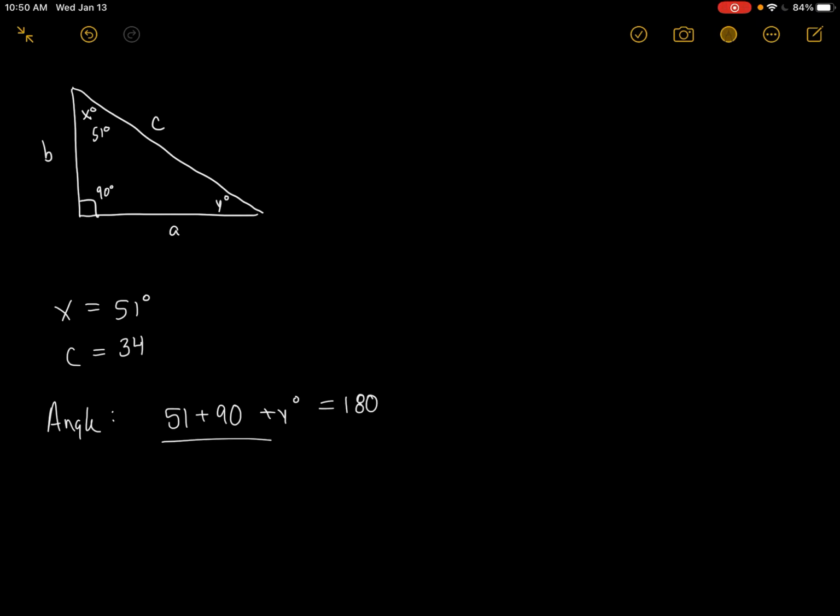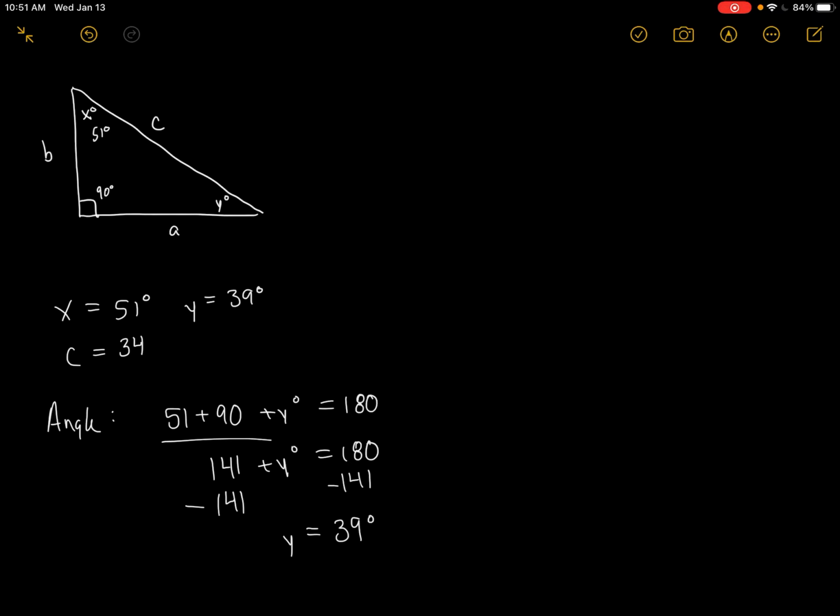So we'll put these two together, we'll get 141, and then we can subtract that from 180. So that's our first step. Dealing with angles, as long as we have at least one of them, isn't too terrible. We've done this before. It's just a little bit of review of that skill. Okay, so we get y equals 39 degrees. So that step is done. We can say check angles, feeling good about ourselves, give ourselves a pat on the back.